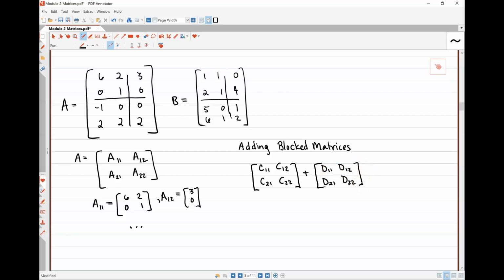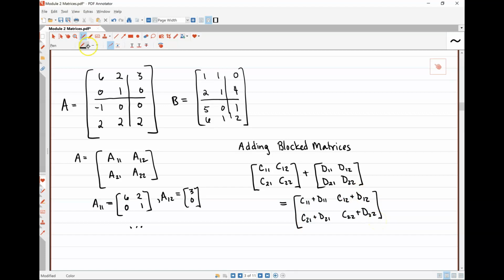Okay, so adding blocked matrices works very much the same way that just adding any old matrices works. So we just add component-wise. So the result of adding these 2 matrices should give us C11 plus D11 and C12 plus D12 and so on.